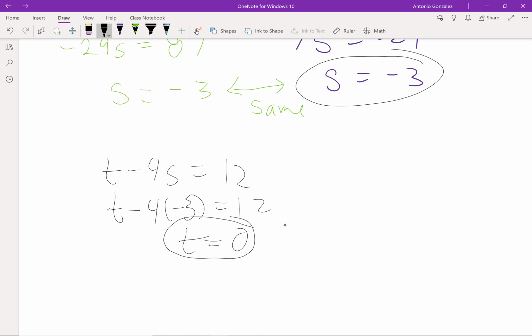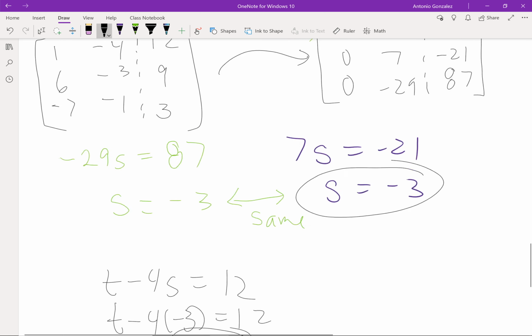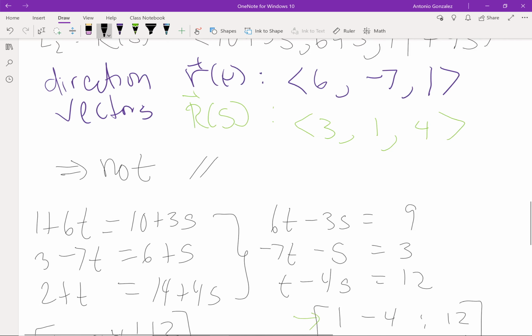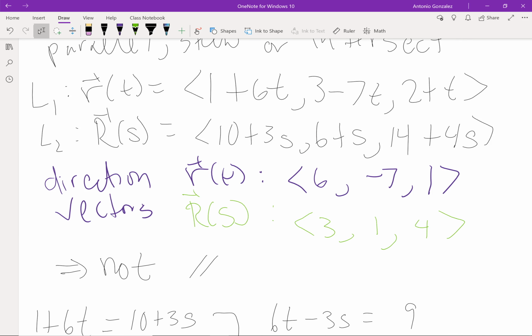Notice we do not know the point of intersection. Remember, the parameters are just relative to the equation. If you recall, the way we arrive at a vector equation for a line is we need a point on the line and a direction vector.